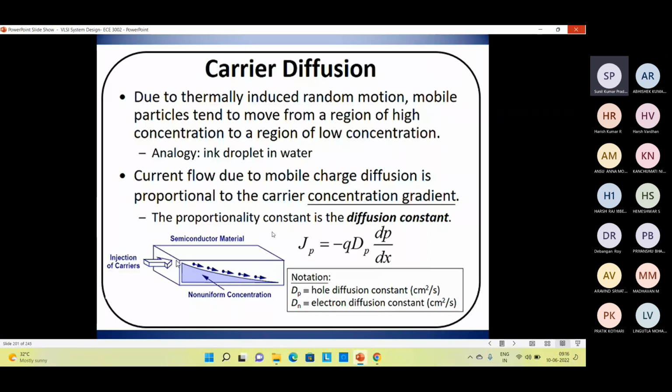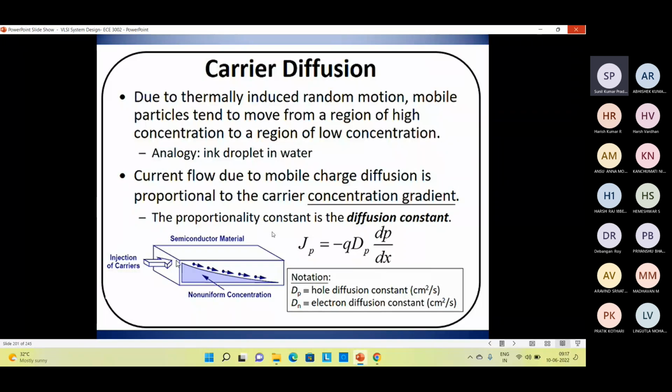Let's say there is a higher concentration of electrons in one region and a lower concentration in another region. Electrons have this characteristic that they will move from higher concentration to lower concentration. That we call the concentration gradient.